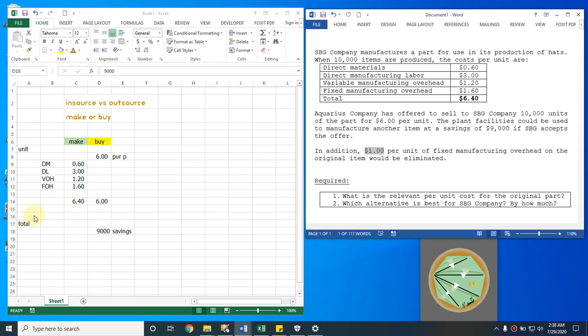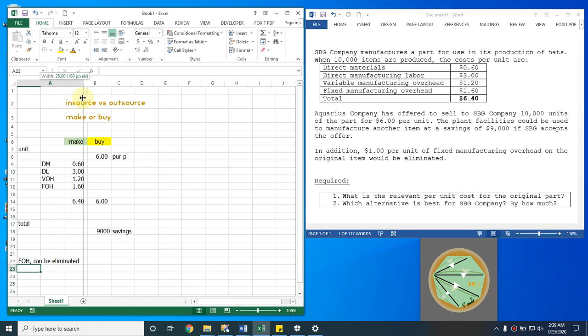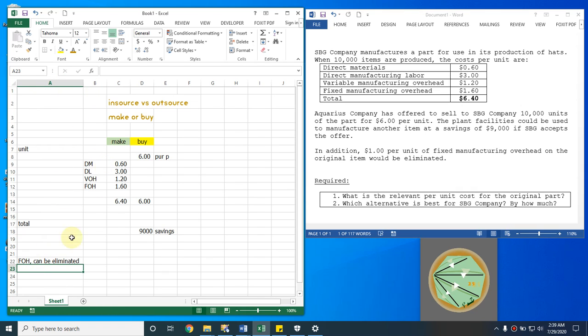So we'll put it first here: fixed overhead that can be eliminated, and the amount is $1.